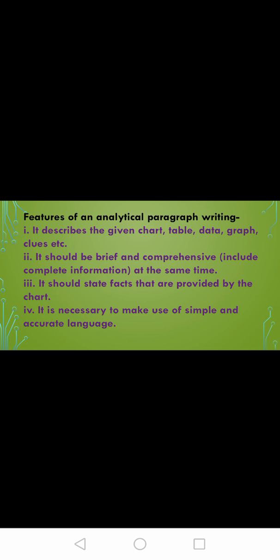You are going to describe chart, table, data, graph, clues, hints, etc. Next point, it should be brief and comprehensive. Whenever you are writing an analytical paragraph, you will give complete information. Okay, complete information you are going to give.